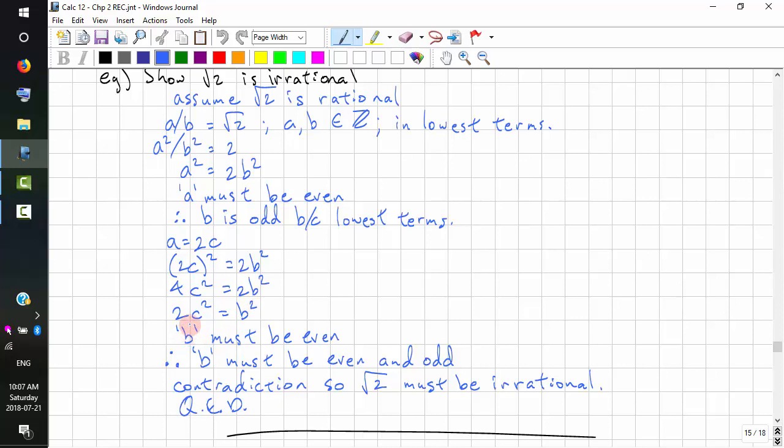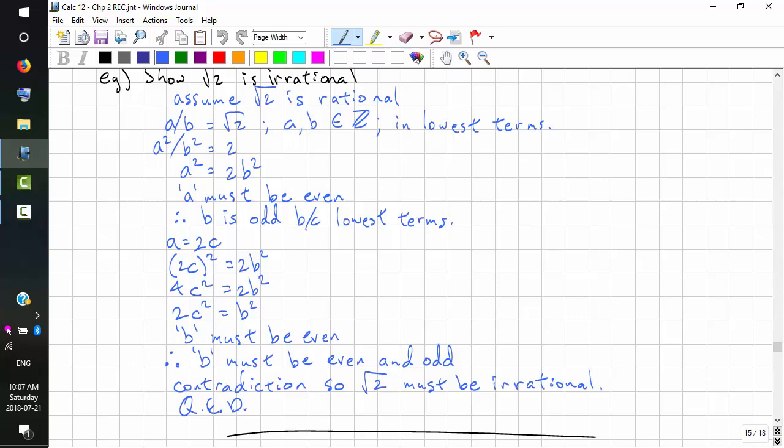So with this substitution, now we conclude that b must also be even. However, we've already said b is odd. So b cannot be even and odd, so this leads to a contradiction.